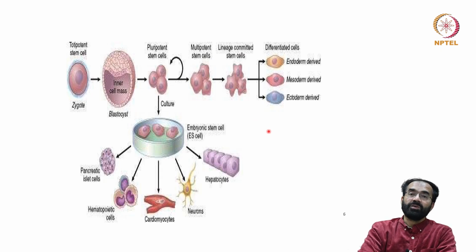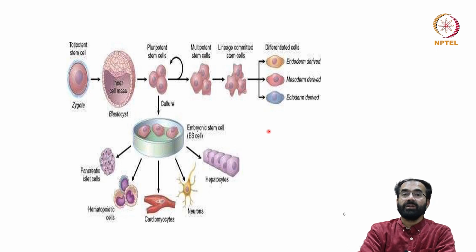Say below your skin, you have skin stem cells that can give rise to only the skin cells. They cannot give rise to any other cells in your body, and they are called lineage committed cells. And these lineage committed cells give rise to differentiated cells, say skin, say bone, or any other adult cells.